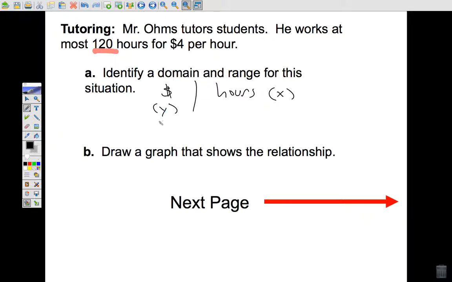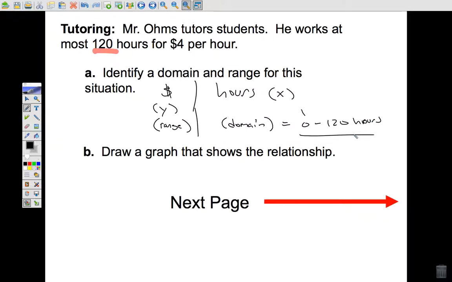So remember, the y represents the range, and the x represents the domain. So the number of hours represents the domain, number of dollars represents the range, okay? Now we can take that further. If you're going to work at most 120 hours, doesn't that mean that your domain is going to be 0 to 120 hours?